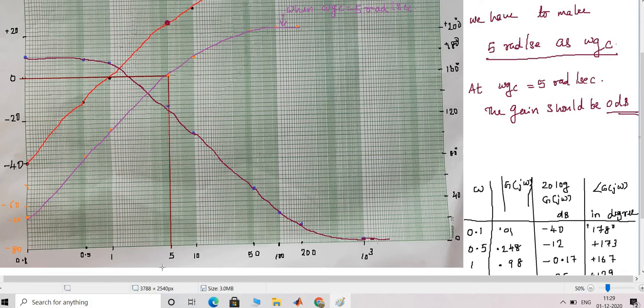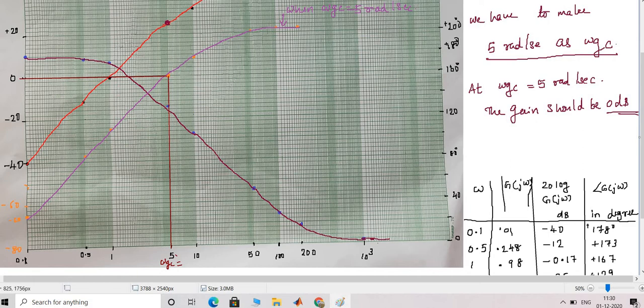So corresponding to 5 radian per second, the gain is 0 dB. So now we have plotted when omega GC is 5 radian per second.